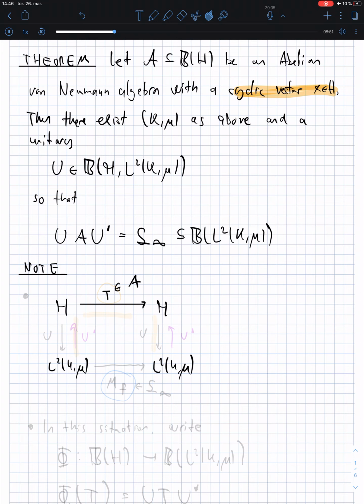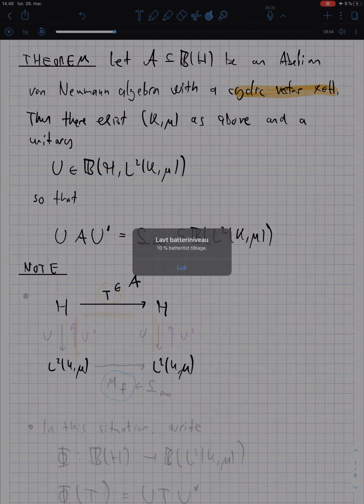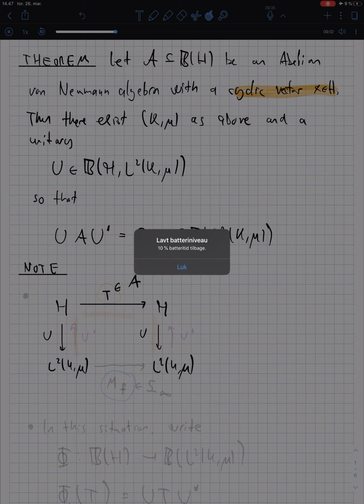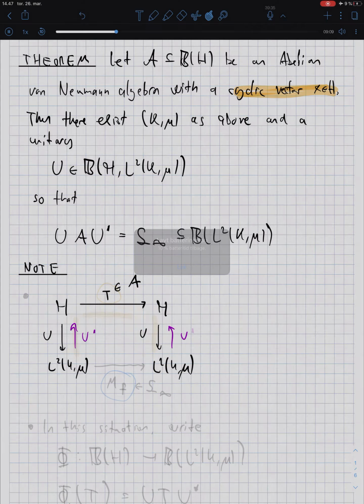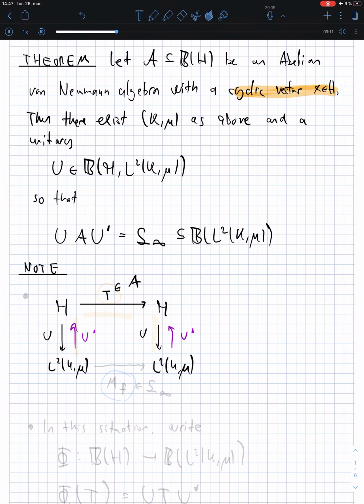What does it mean for two Hilbert spaces to be isomorphic or be the same? It means that there is a unitary between them, and this unitary I'm calling U. So it goes in this direction here. Let me talk about U star, which goes the opposite way. These Hilbert spaces are the same. Of course, it's very easy for two Hilbert spaces to be the same. They just have to have the same size of an orthonormal basis.